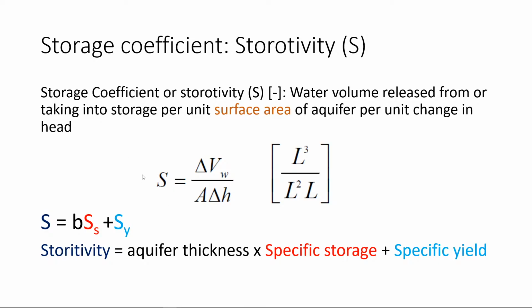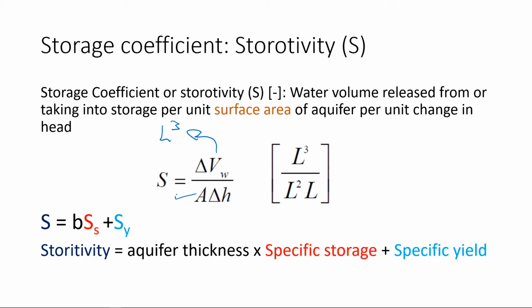So this is the water volume released or taken from storage, how much water you released or removed from the aquifer from a unit area per unit change in head. Let's look at this, let me get some color, blue color. So the change in storage is a volume, a change in volume, which has the dimension of L cubed.